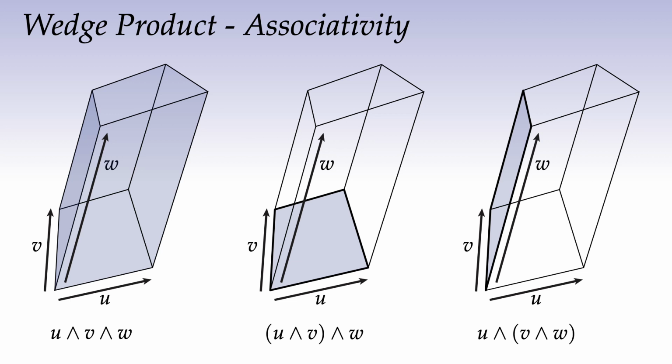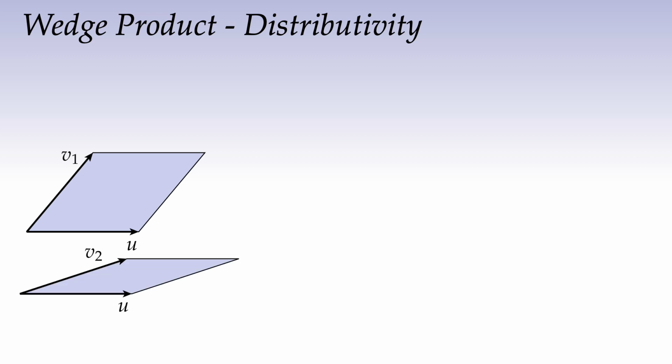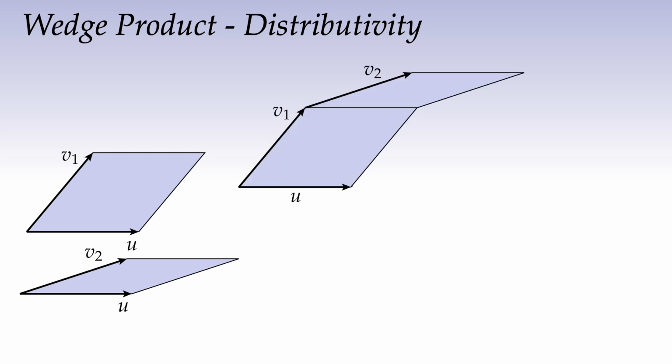Okay. What else can we learn about the wedge product by playing these little games? Well, here's one thing we could do. Let's say we have a wedge product of a vector u with some vector v1, and then we have another wedge product, u wedge v2. So we have these 2 vectors. If I join these together, well, it's not a parallelogram, right?